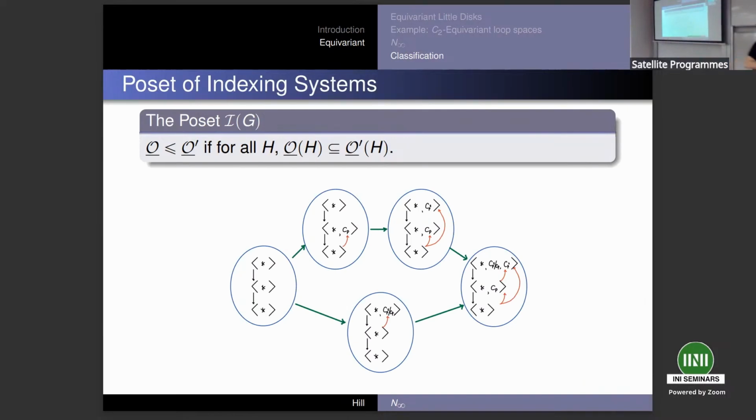That observation is actually what led to all of this. Andrew and I were thinking about this and studied this universe, and then realized that the little disks on it and the linear isometries on it were different. That's very surprising, because non-equivariantly there's no difference between little disks and linear isometries.